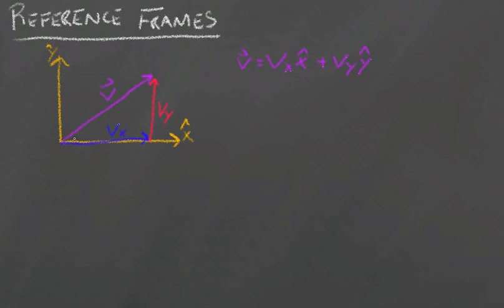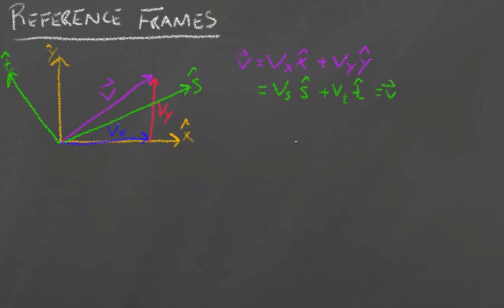But what if I draw another set of axes? Who said that I had to choose the x and y that I've been choosing? So I can choose a set of axes s hat and t hat. Is it possible to say that v is vs s hat plus vt t hat?